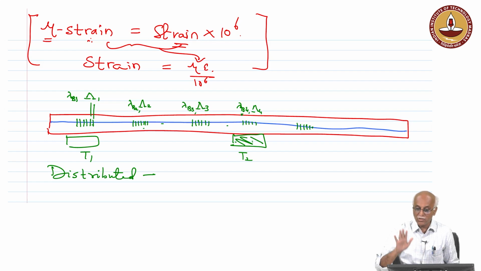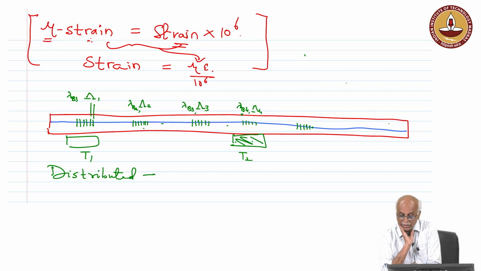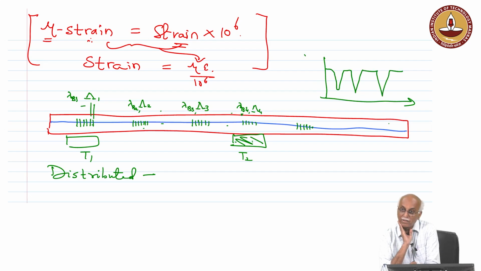If there is no temperature change, corresponding to each of these wavelengths there may be a dip in the spectral characteristics. So, this is the transmitted spectra.